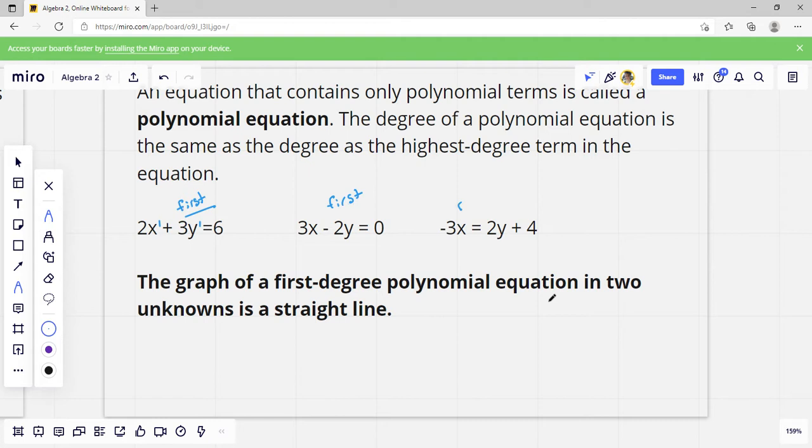And this one's also a first. The graph of a first degree polynomial equation in two unknowns is a straight line. So two unknowns, I have an x and a y, right? I have two variables. And none of them are squared or anything higher than that, none of them have any exponents, right? So that means that when I graph this, it's going to be a straight line.